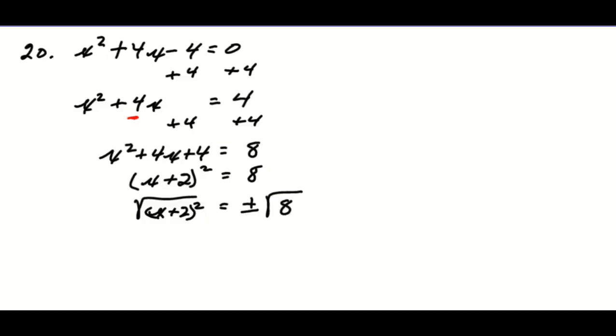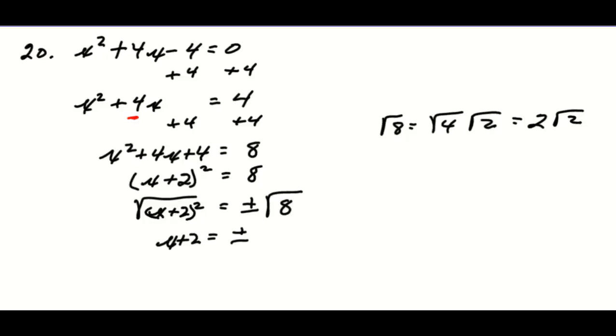What we get here is x plus 2 equals plus or minus, but the square root of 8 is equal to the square root of 4 times the square root of 2, which is equal to 2 times the square root of 2. So now we get plus or minus 2 times the square root of 2.